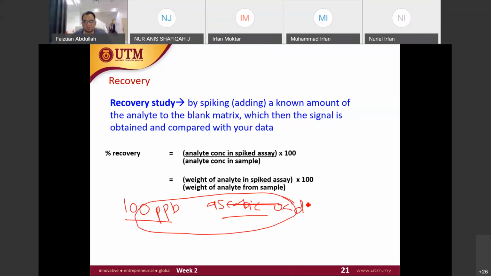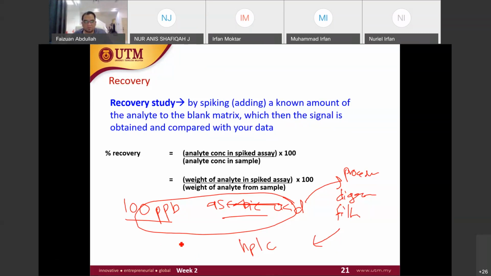We use the process to prepare the sample from the beginning, for example from the digestion, then we filter the sample, until we analyze the sample using HPLC.